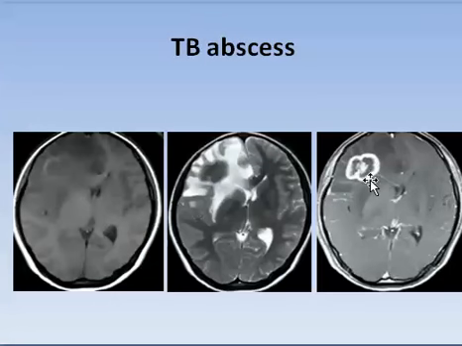Multilocular abscess is typical for tuberculosis, associated with massive edema, and has the same features of abscess formation, with a smooth uniform wall. The edema is extensive and there is definite meningeal enhancement, denoting associated meningitis.